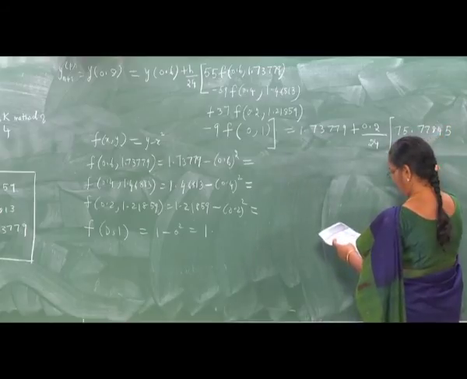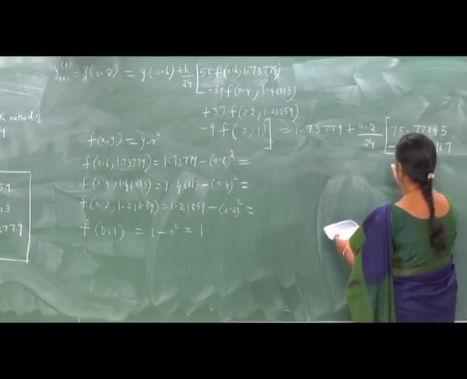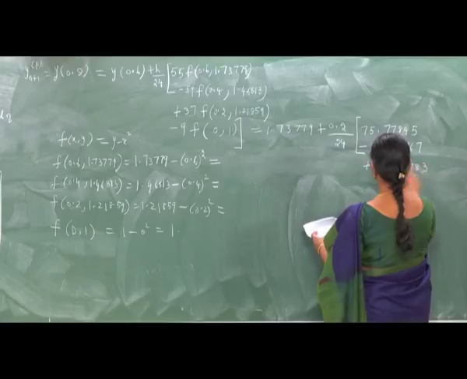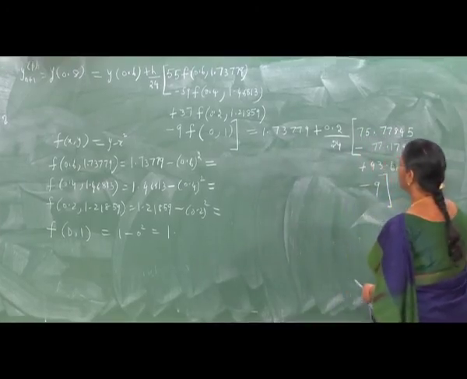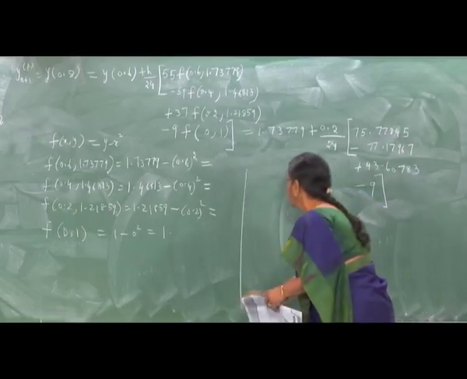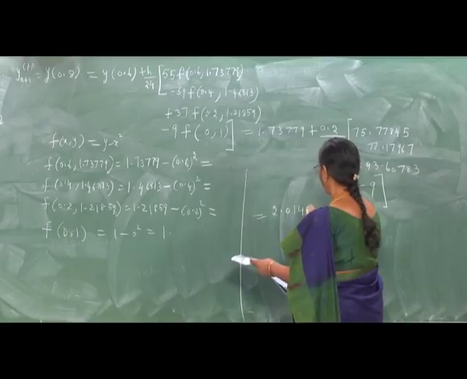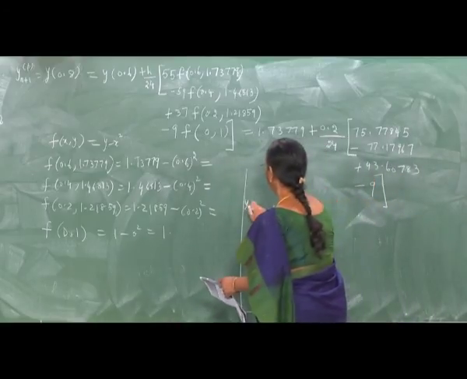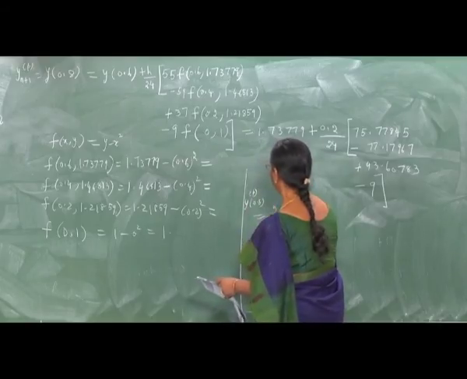The next value is 77.17967, then 43.60783, and finally we have minus 9. And if you simplify this further, it turns out to be 2.01451. So, this is your y at 0.8, and that is what is predicted.